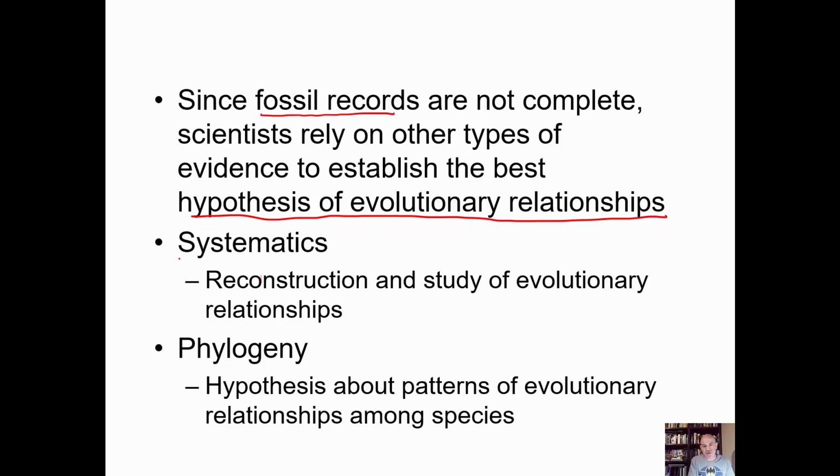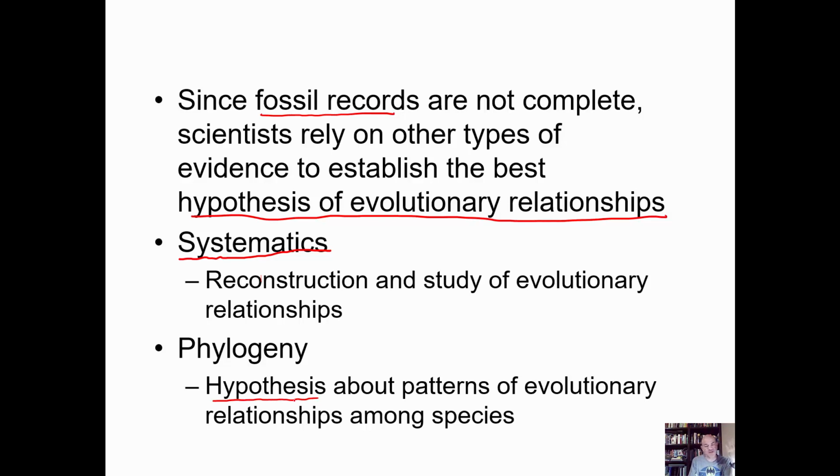So this study of establishing those relationships is referred to as systematics. This is a science, an area of biology where you try to reconstruct those relationships. And once those relationships are constructed, they're subject to testing. These are hypotheses. They're not proven, and new evidence may change the way we view them.